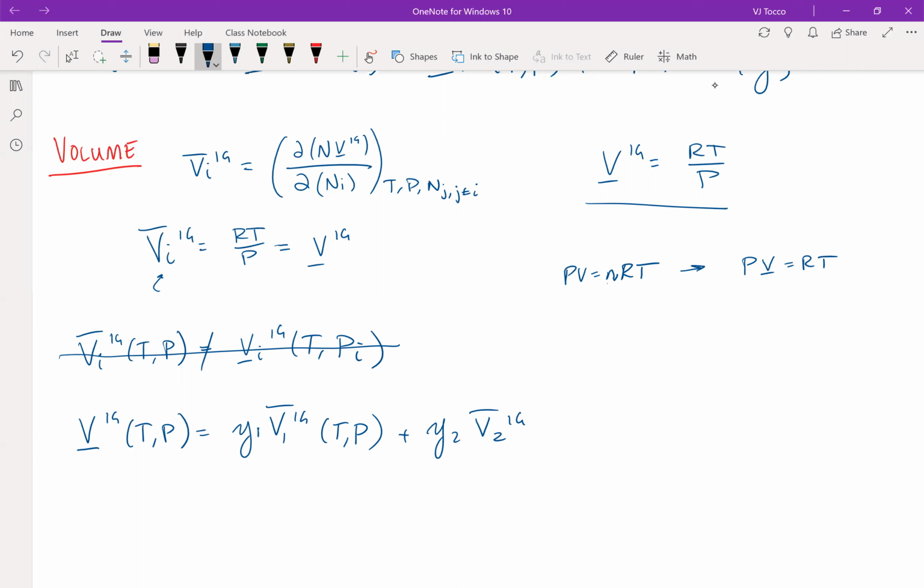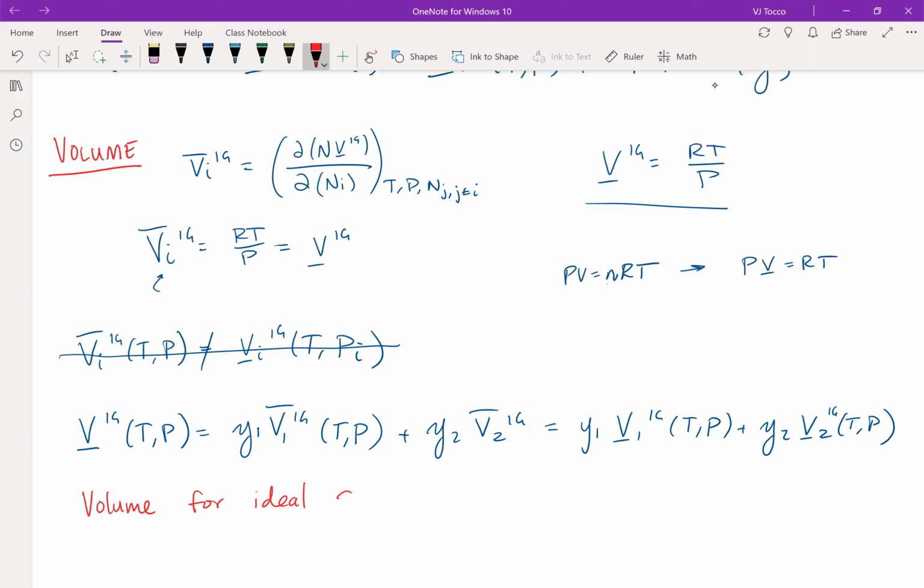And then you could also write, this is an equivalent way to state it, y_1 times molar volume 1 of an ideal gas at T and P, plus y_2 times molar volume 2 for an ideal gas at T and P. So this is another way of saying that volumes for ideal gases are always additive. And this is because, again, there are no interactions between the molecules. Volume for ideal gas mixtures are always additive.